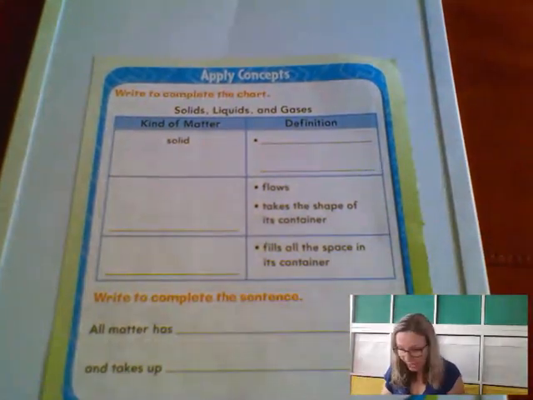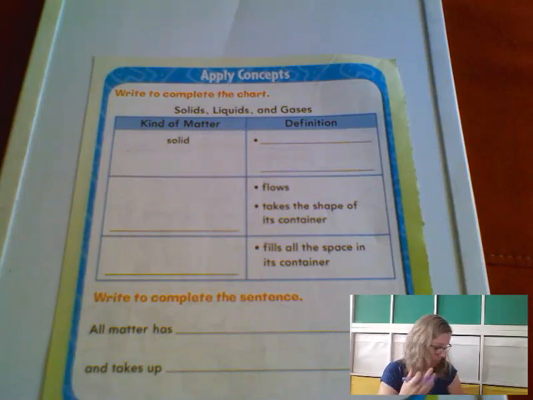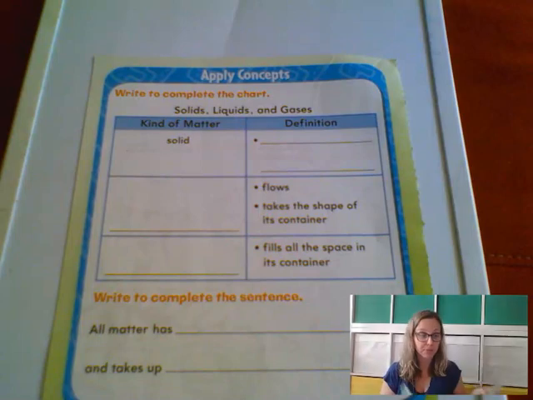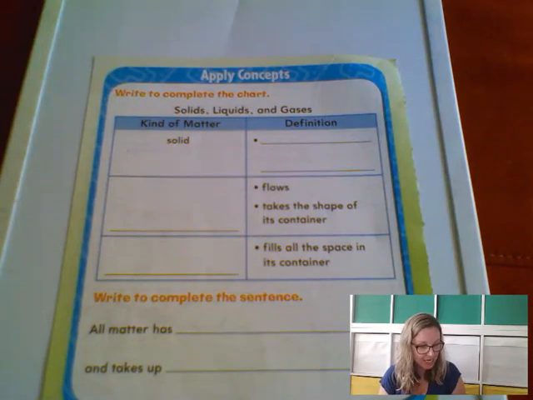So if you have your science book in front of you, you can turn back your pages and you can look in your science book at what did our book define or explain to us what a solid is. And if you look on page 342, it explains that a solid is a kind of matter that keeps its shape.